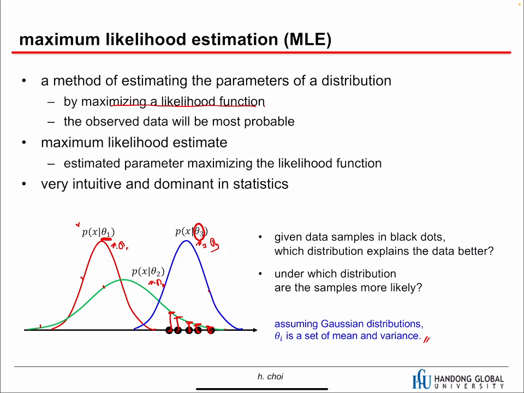But if we assume that these parameters are like this, and we assume this distribution, then these samples are a lot more likely coming from this distribution. That's what a likelihood function does. So the maximum likelihood estimate is the estimated parameters maximizing the likelihood function, and it's very intuitive and dominant in statistics.